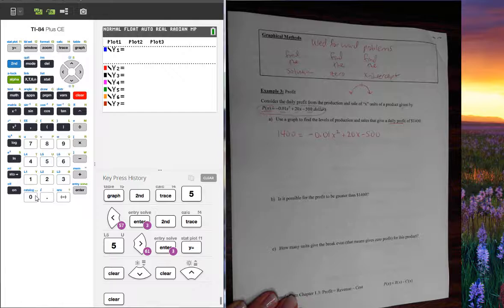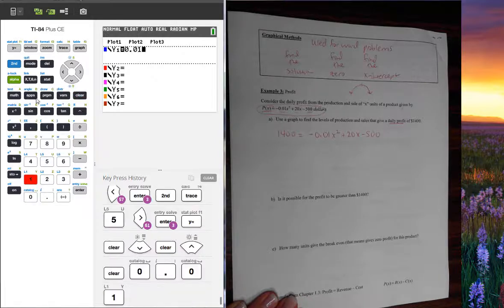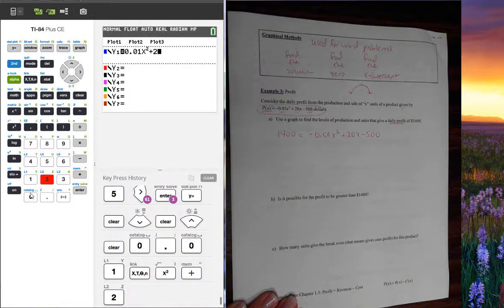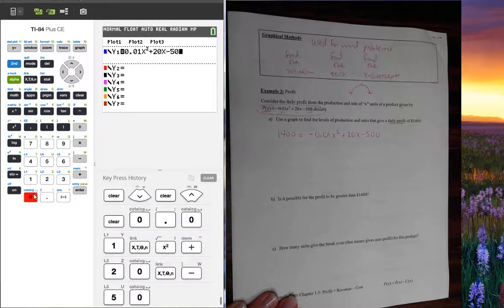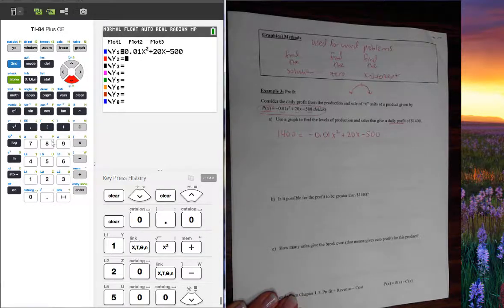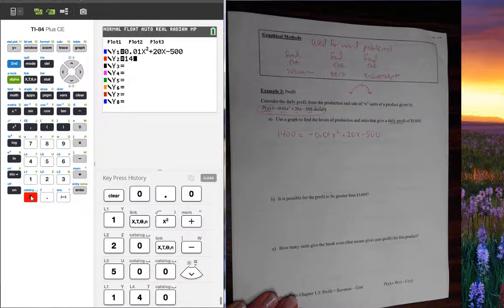Right, negative 0.01 x squared plus 20x minus 500. And I need to do the y2 value to equal what? 1,400. Alright, we need a good window.